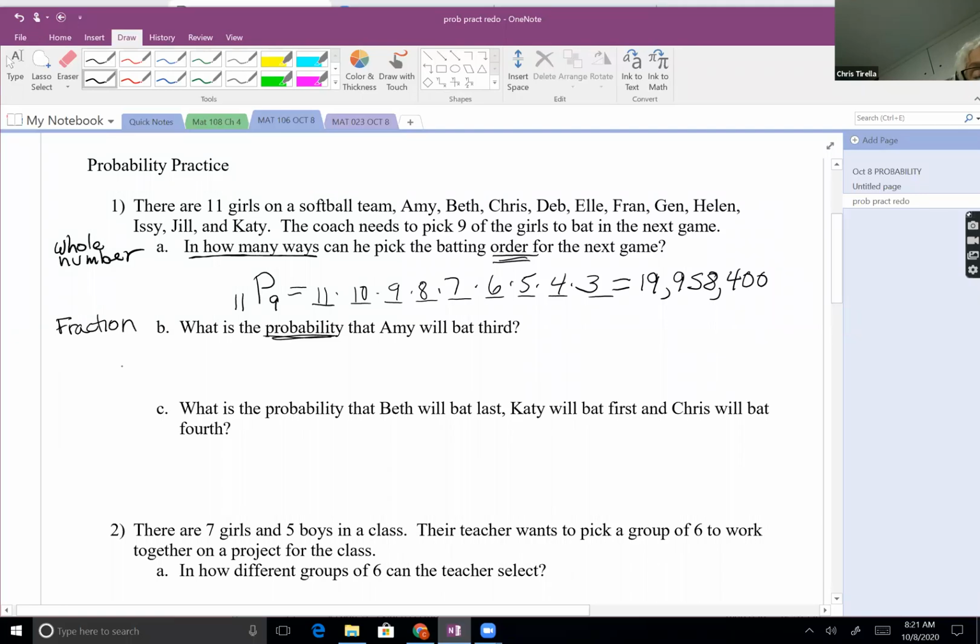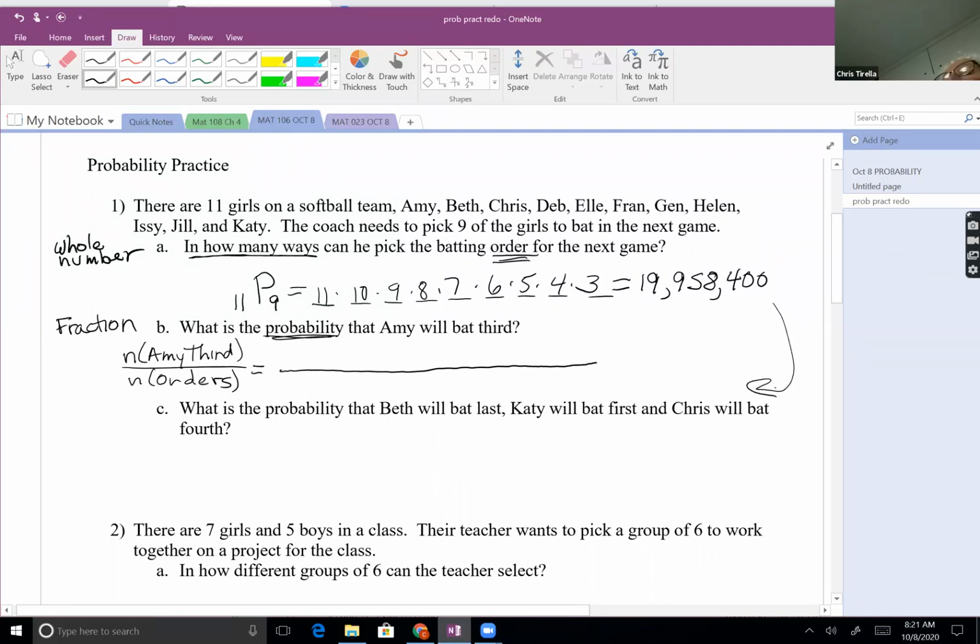So the probability would be the number of ways that we can have Amy third over the total number of orders. And with a lot of these questions, for that total number of orders, if you want to, you could just fill in this preceding answer down below.